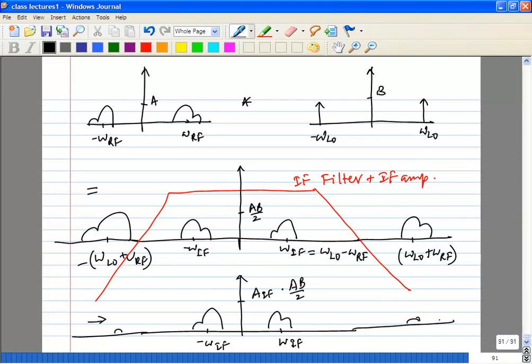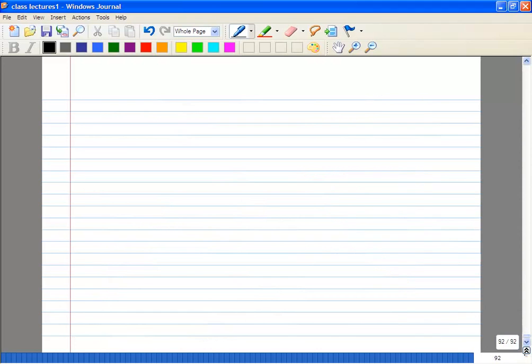So for an easy IF design, you want a very low omega IF. Choose a low omega IF.